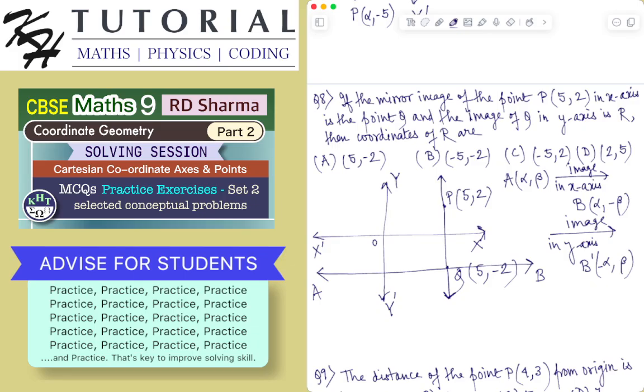So its image will be to the left-hand side of the y-axis at the same distance of 5 units. So this is R. Its coordinates will be (minus 5, minus 2). Why minus 5? Because the point R is to the left-hand side of the y-axis, meaning it is in the negative direction of the x-axis, and the point Q was in the positive direction.